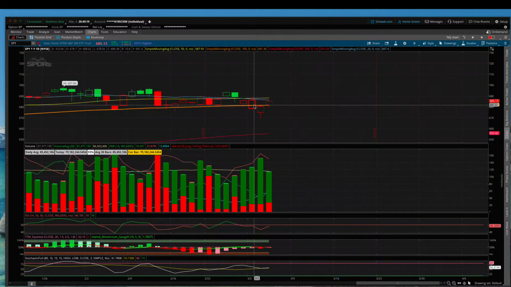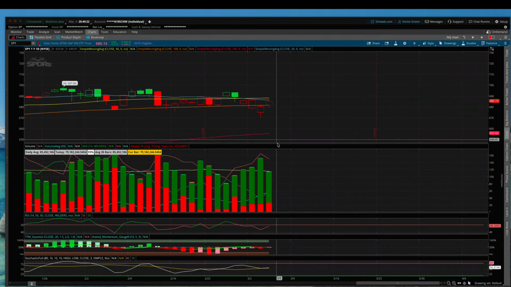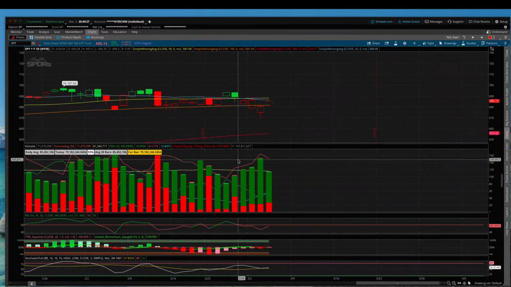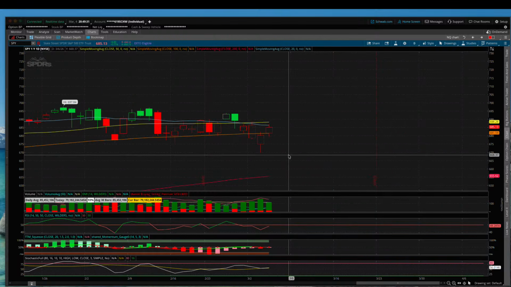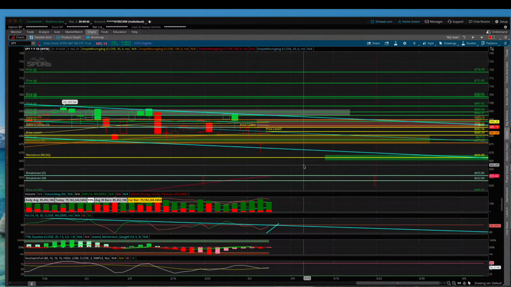We got some decent volume today, and we had lower volumes throughout here. So as the volume is increasing and the pattern is forming, we have to consider the fact that we might not get that 666. We might not get it. That's okay. We just got to play the game right.